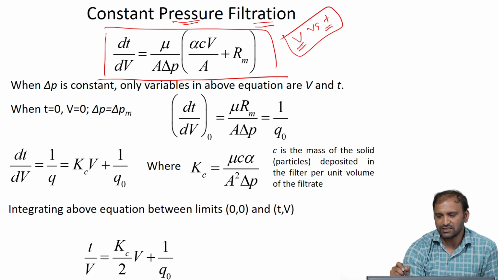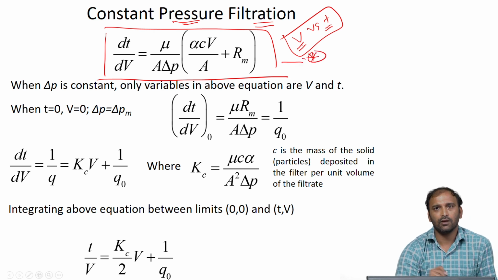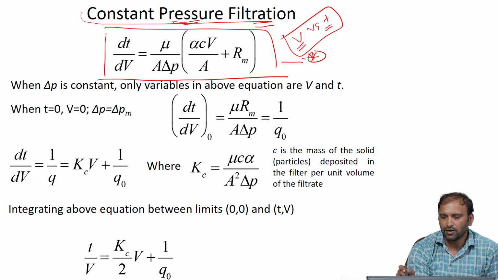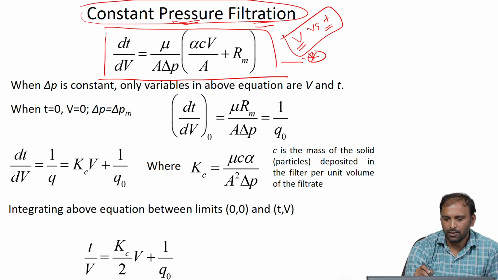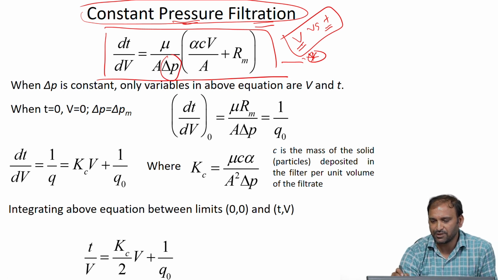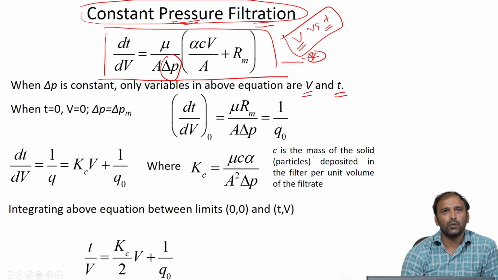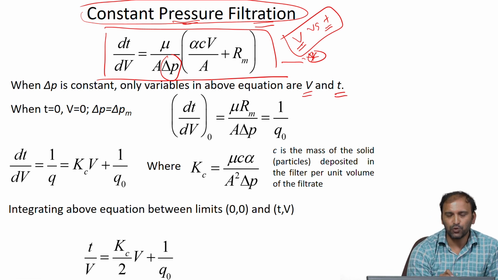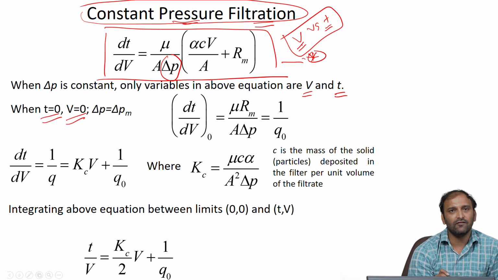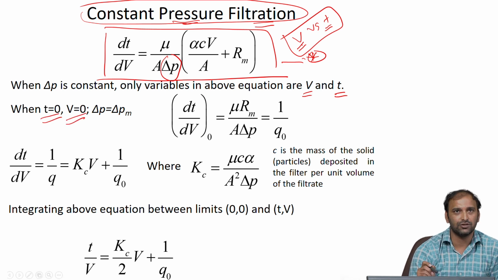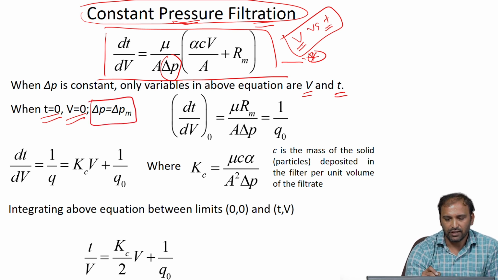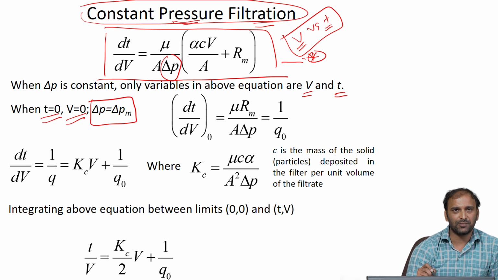So what I have is this expression. Because I'm working with constant pressure filtration, my delta P is going to be a constant. Therefore in this expression the only variables are V and t. I know the initial condition: at time t equal to 0, I do not have any filtrate coming out. That means V is equal to 0, and the only pressure drop that I have is the pressure drop that comes because of the presence of the medium.